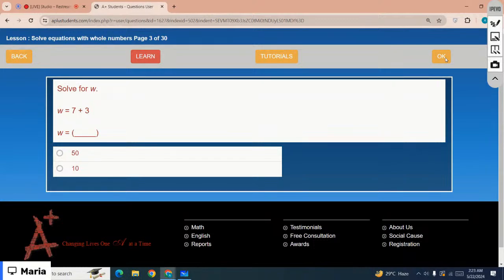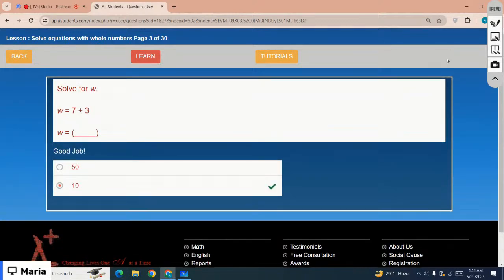Solve for w. w equals 7 plus 3, which is the correct option? That is again 10. 7 plus 3 is 10.